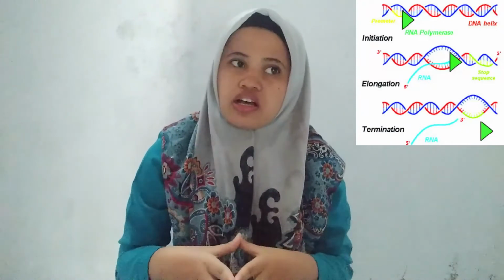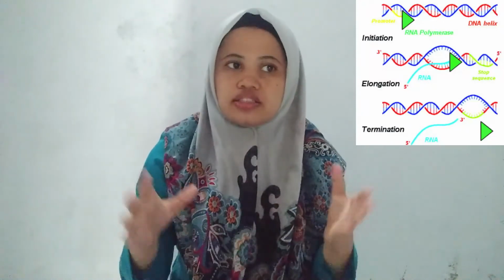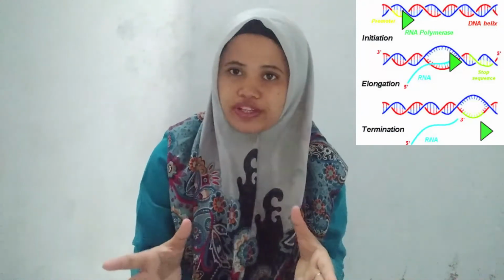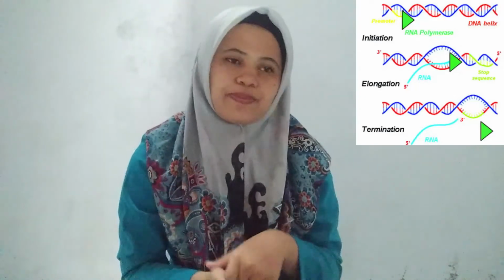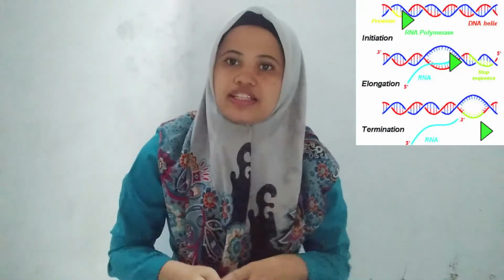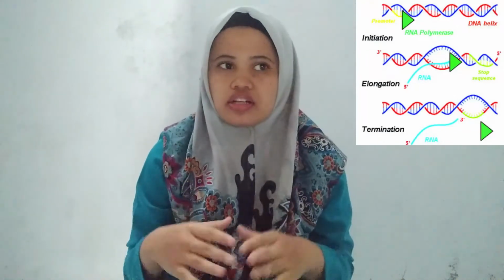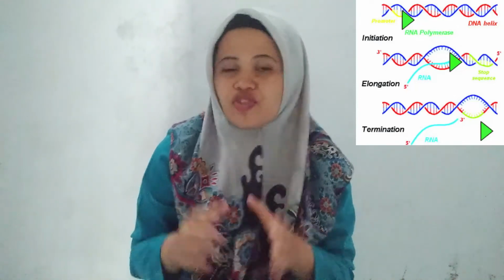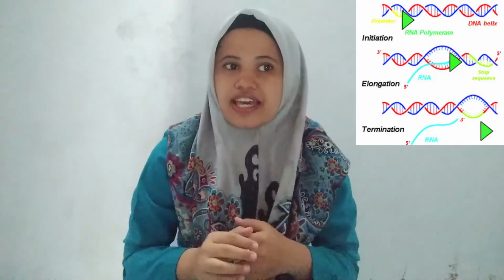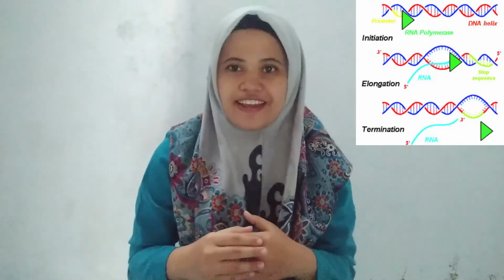The enzyme is ready to make a strand of mRNA with a complementary sequence of bases. The second is elongation, the addition of nucleotides to the mRNA strand. The third is termination, the ending of transcription. The mRNA strand is complete and detached from DNA.